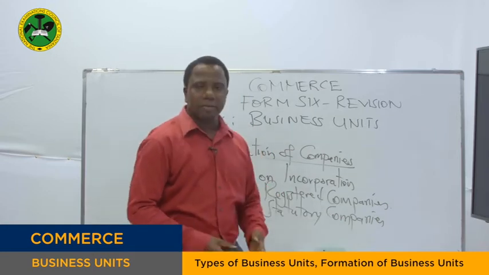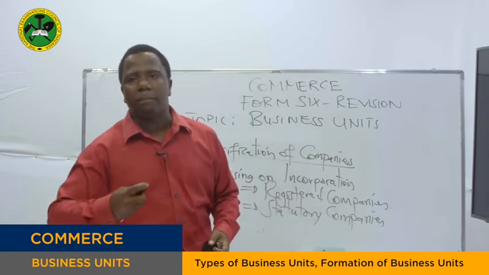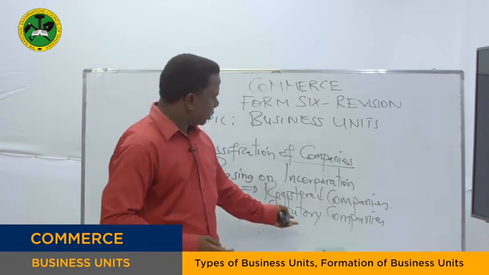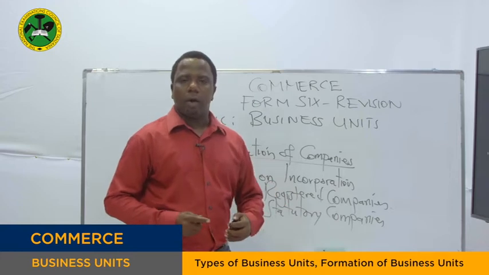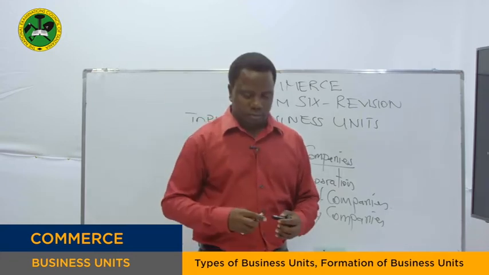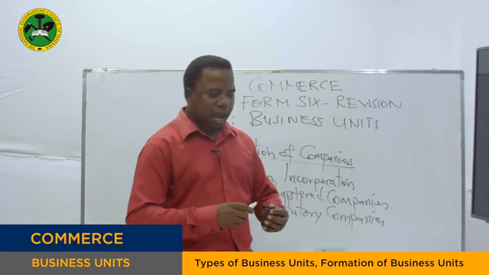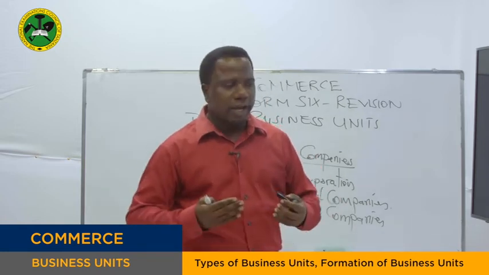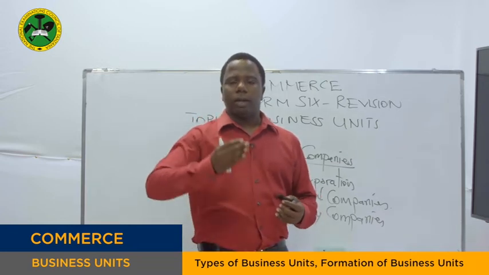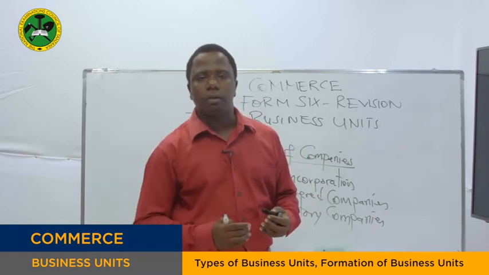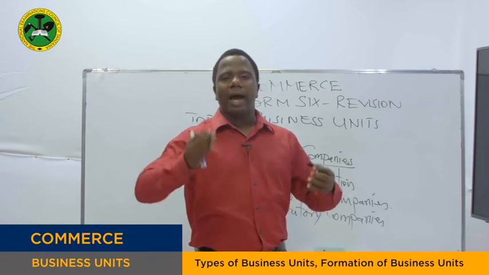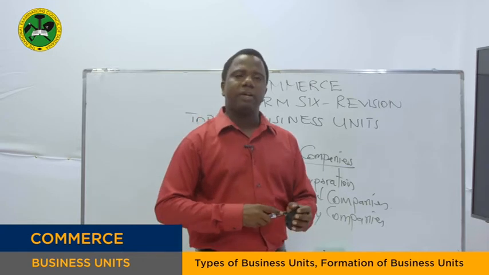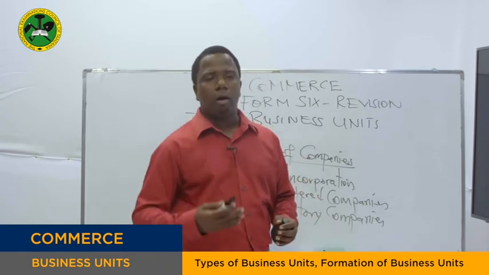While these statutory companies are formed by the Act of the Parliament to provide essential services like electricity or water and other social services which are very, very essential to the members of the public.